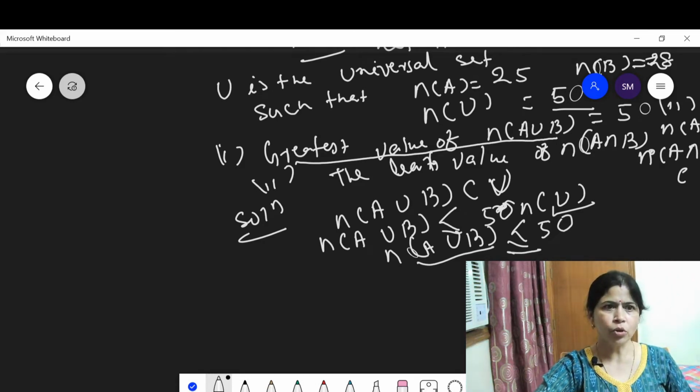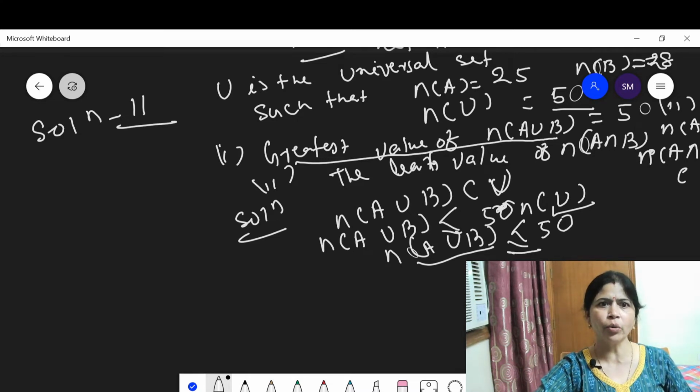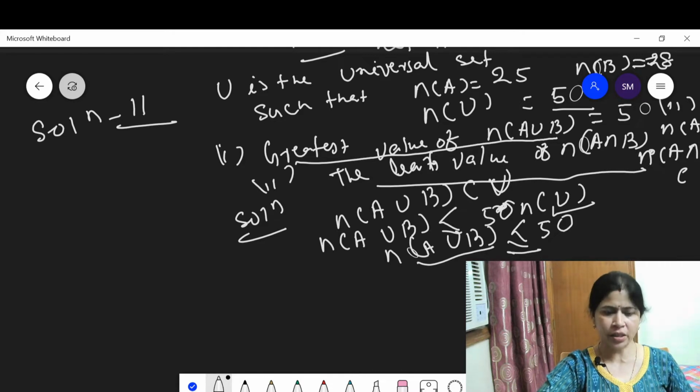Solution 2: here we have to find the least value of n(A intersection B).